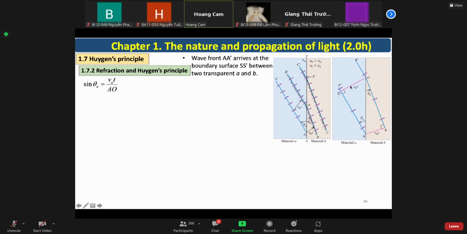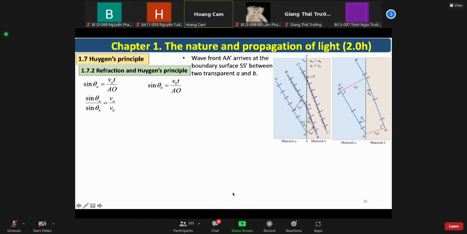From these two right triangles, you can deduce sin theta A equals OQ, the opposite side, divided by the hypotenuse, AO. Sin theta B similarly equals the opposite side AB, in which AB is equal to VB times T, divided by AO. Then you can make the ratio sin theta A over sin theta B equals VA over VB.